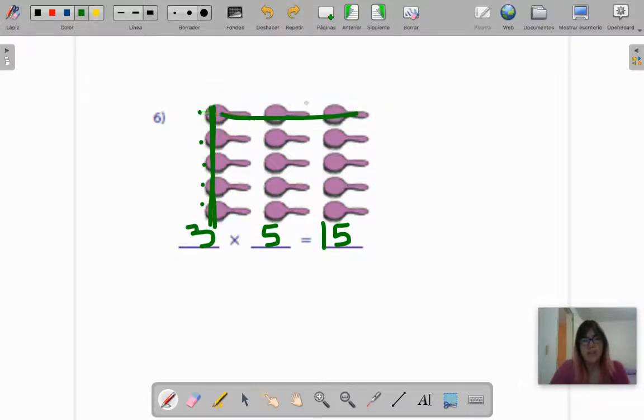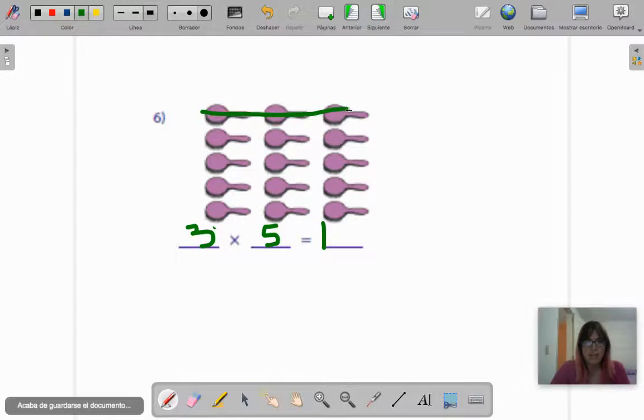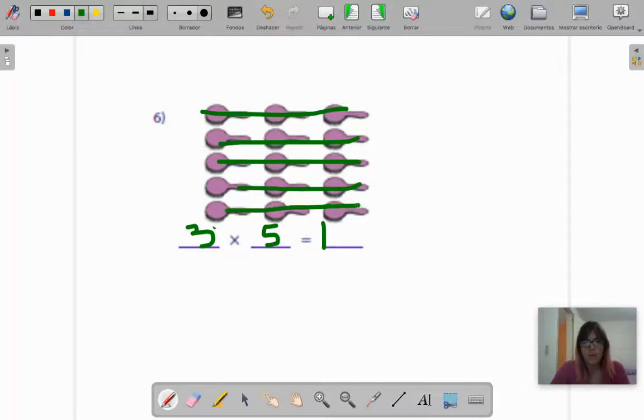Or maybe it's easier the way I did it first, where you just count how many lines. 1 line, 2 lines, 3, 4, 5 groups or lines or arrays, okay? 5 arrays. And how many are inside each line? 3. So this is 5 arrays and 3 inside each line. And that's 15.